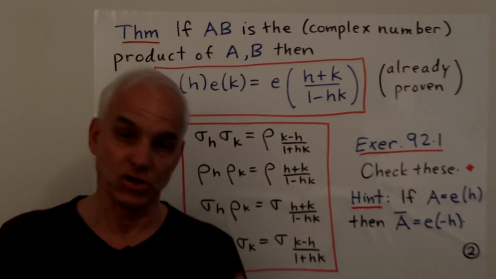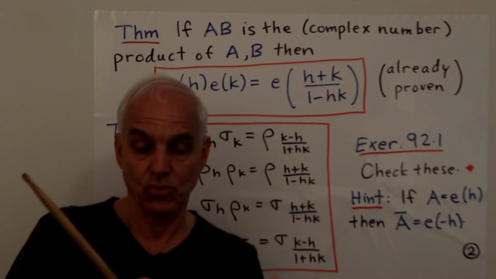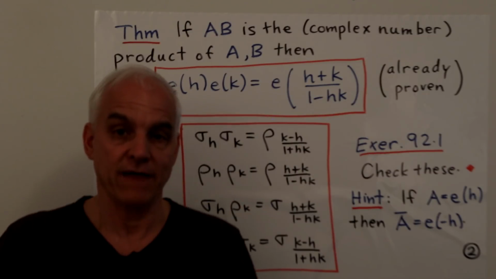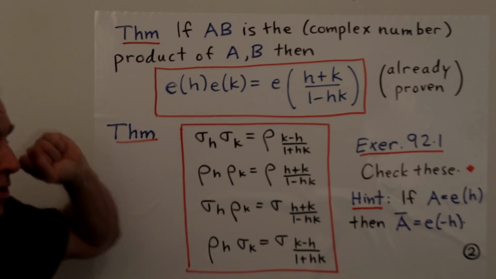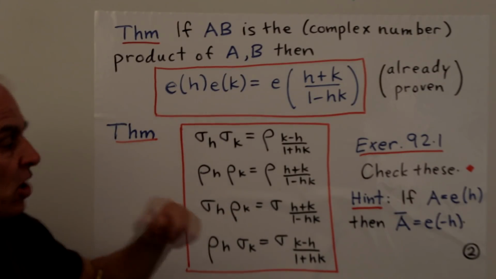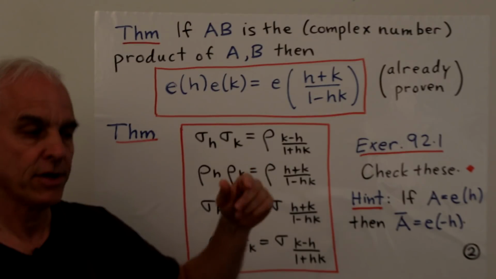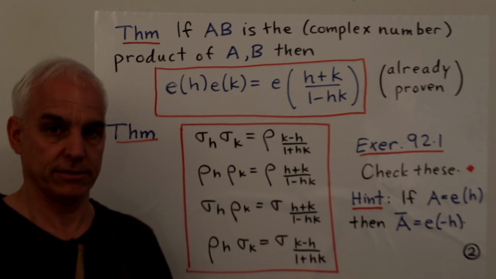So now we're in a position to restate the fundamental formulas that tell us how to compose reflections and rotations in terms of their half slopes. And the key for doing that is this theorem here, which we've already talked about, that if we're just talking about complex number multiplication on the circle, so I remind you that we have the circle, points on the circle can be multiplied.